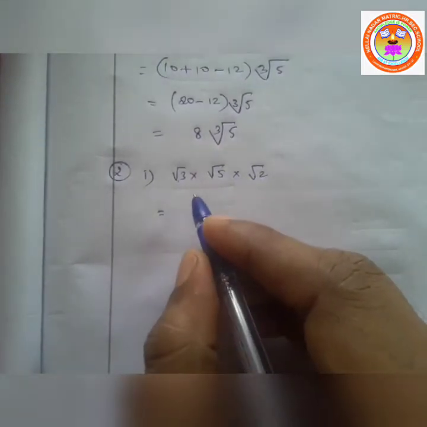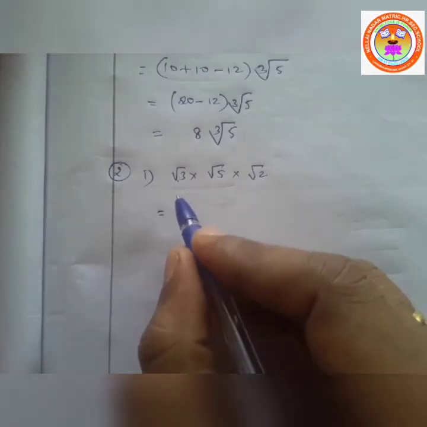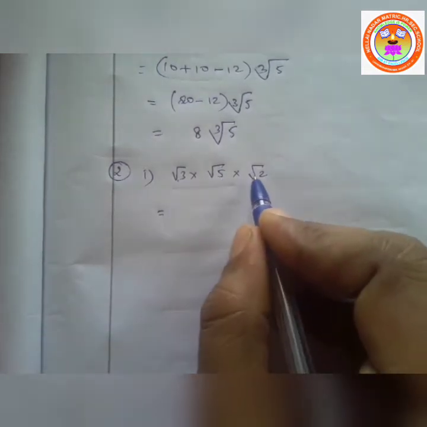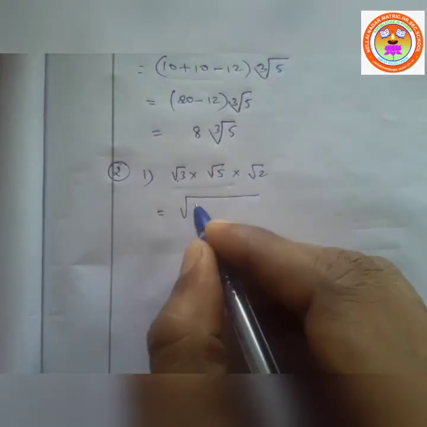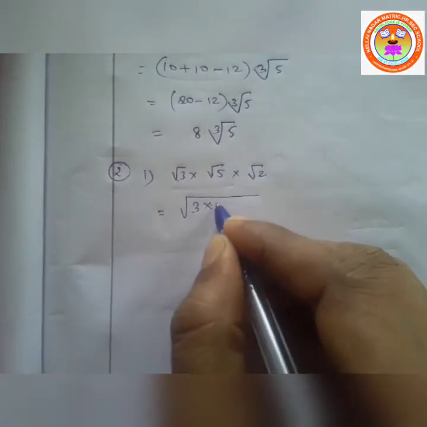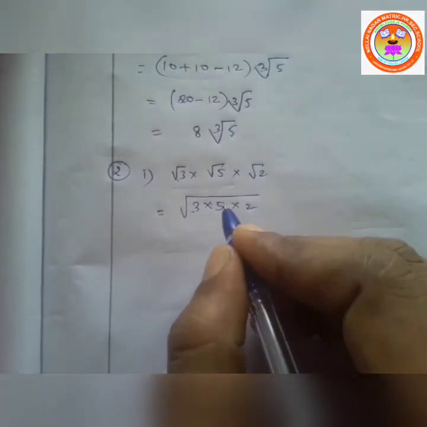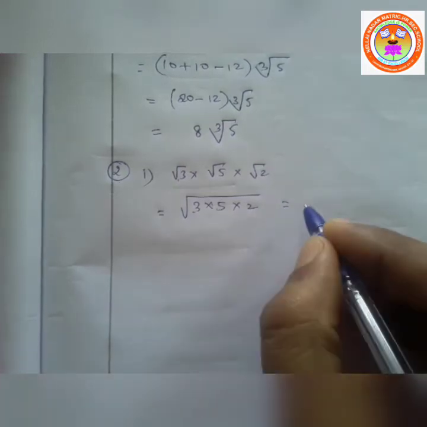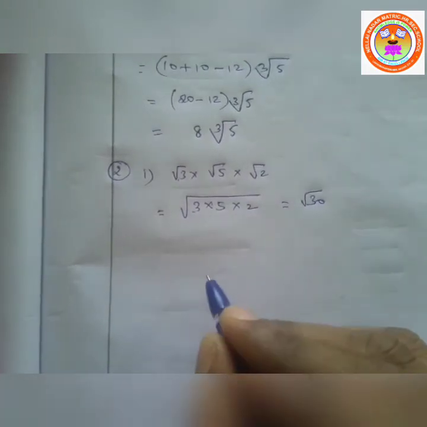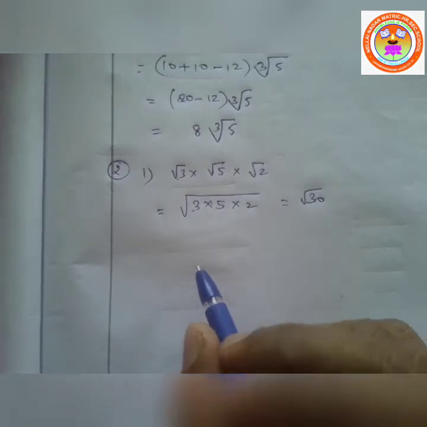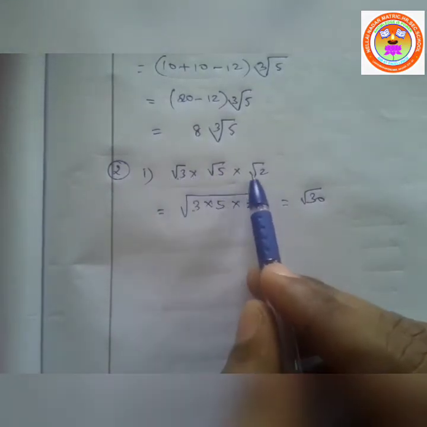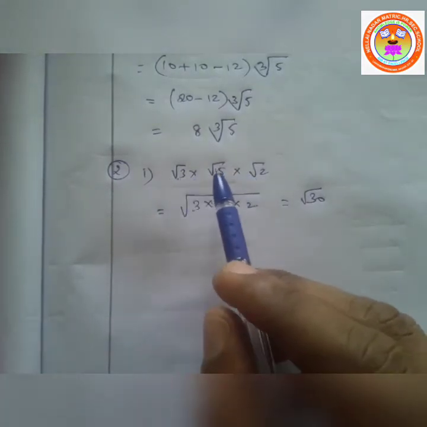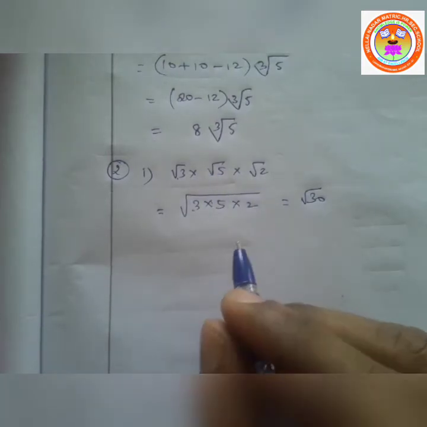So we can write root 3 into root 5 into root 2 as root of 3 into 5 into 2. 3 5's are 15, 15 2's are 30. Are you able to understand, children? If the orders are the same, we can multiply the numbers inside.